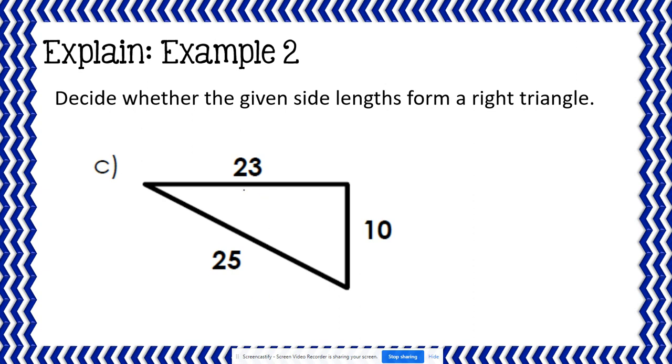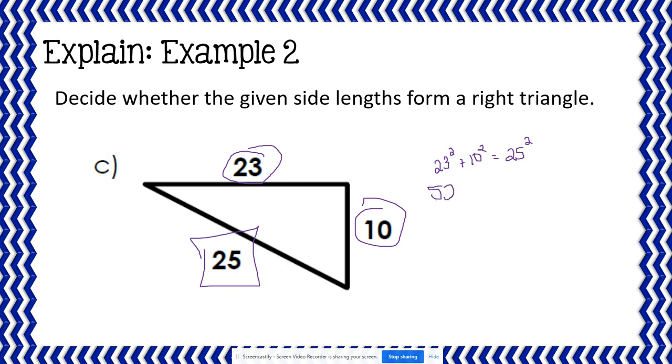For C, we have 23, 10, and 25. So we would assume that 23 and 10 would be our legs and that 25 would be our hypotenuse. So we would do 23 to the second power plus 10 to the second power equals 25 to the second power. If we do 23 to the second power, we get 529. 10 to the second power is 100. 25 to the second power is 625.